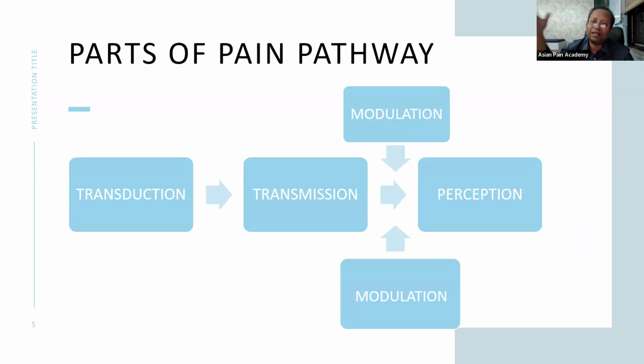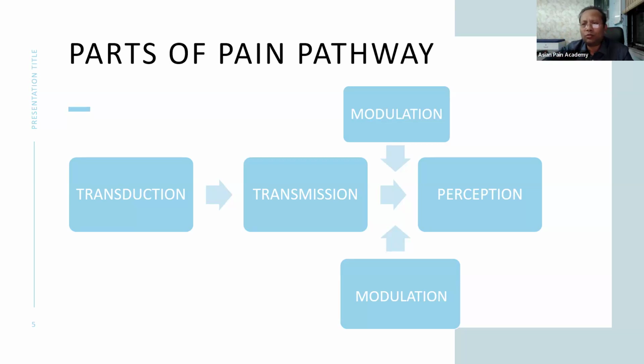As soon as the electrical activity or action potential starts, then we will say it is transmission. Then the electrical activity goes through the spinal cord, spinothalamic tract, and then thalamus, then cortex. So that is the transmission area through the pain pathway.